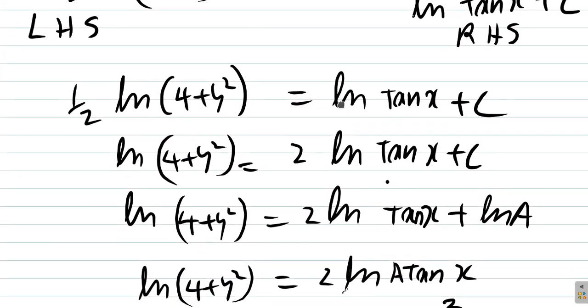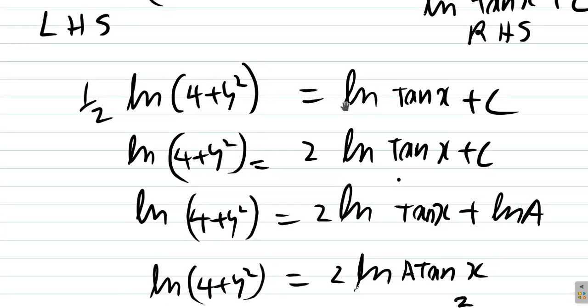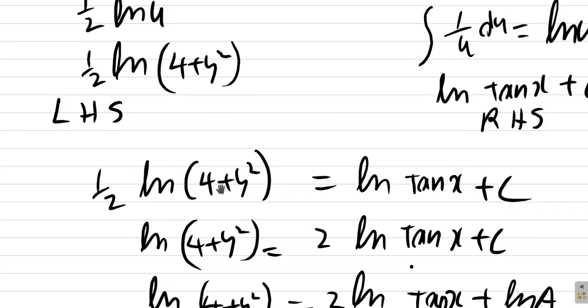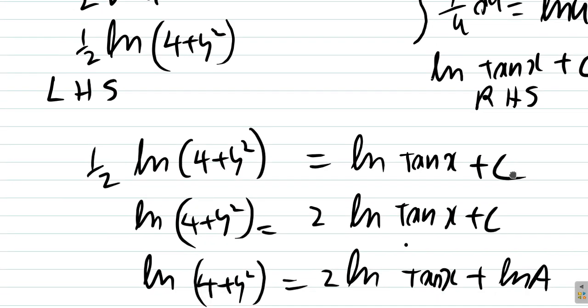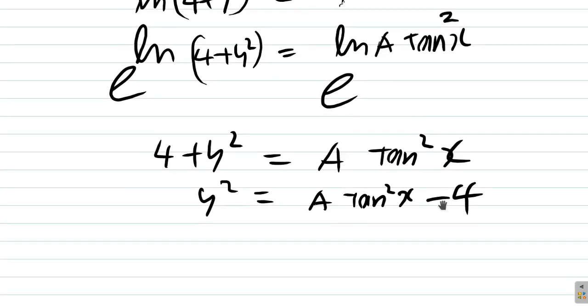Because when you had this up here, this here is a solution, half ln 4 plus y squared equals ln tan x plus c. You might be forced to write it like this.